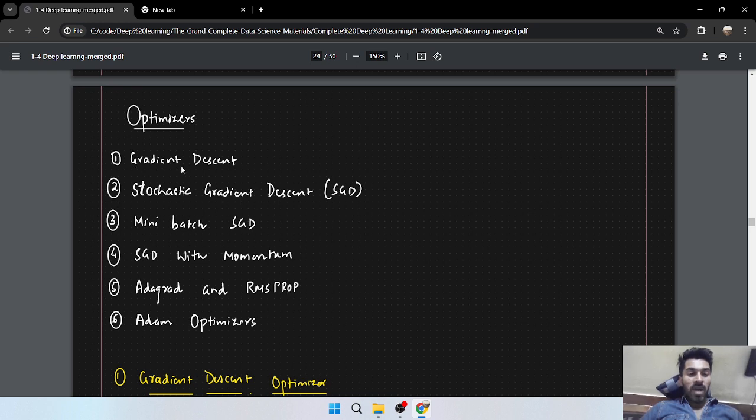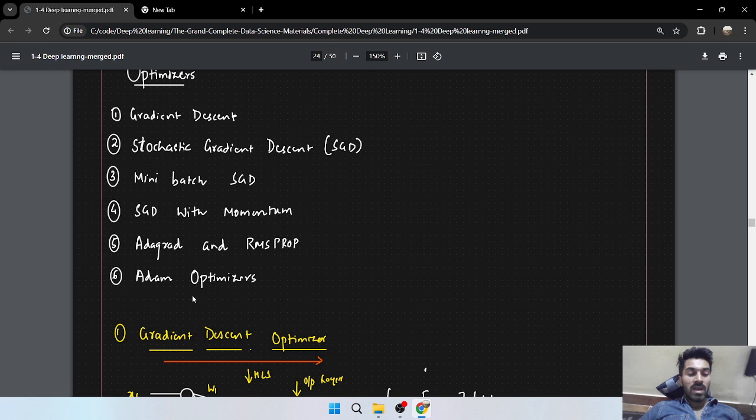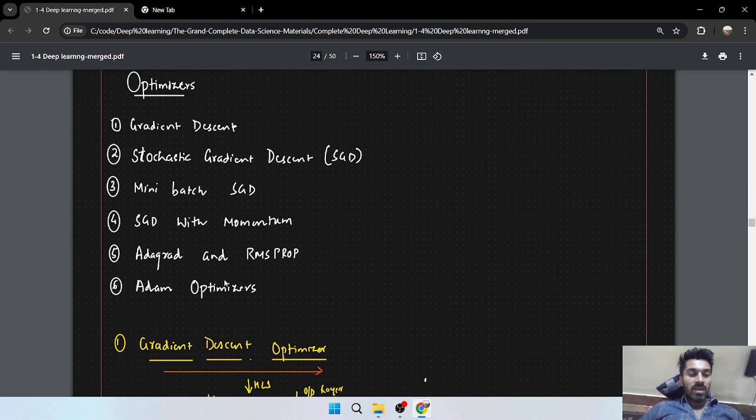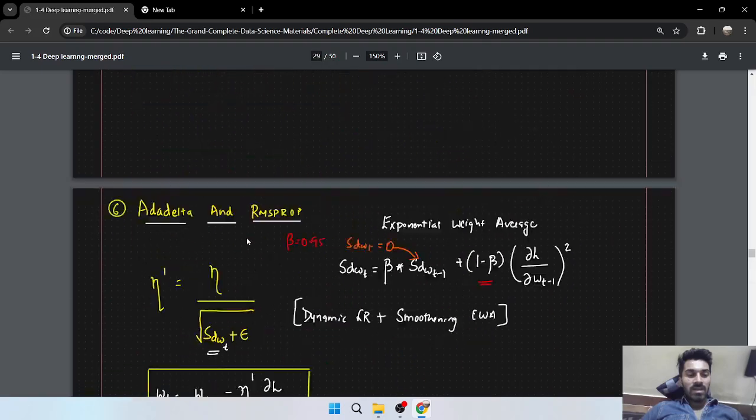Firstly, we will see why we don't use gradient descent and stochastic gradient descent, what the problems are with stochastic and mini batch SGD with momentum and AdaGrad, the advantages and disadvantages of each of these optimizers, and the advantages of Adam. About 90 to 95% of the time we use Adam as the optimizer, because it gives good accuracy to our model. We will see everything in the next lecture.